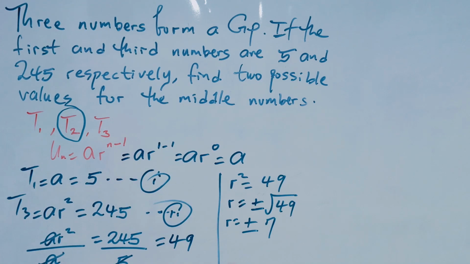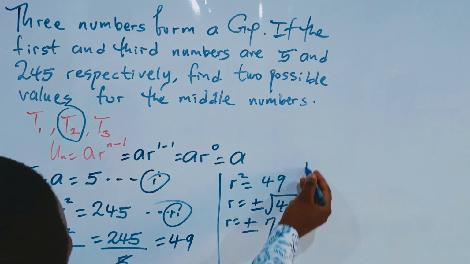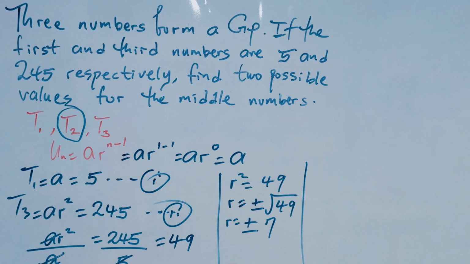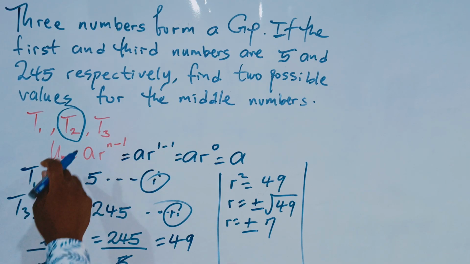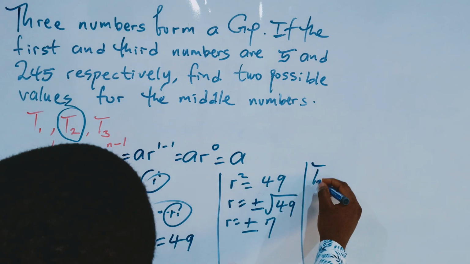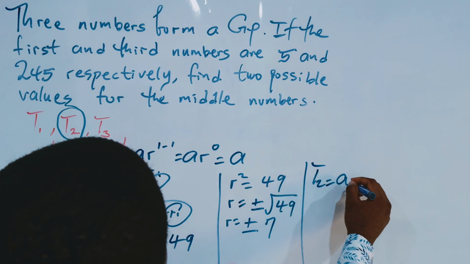So now that we know the common ratio to be plus or minus 7, we can figure the two possible values. The second term, T2, is ar.